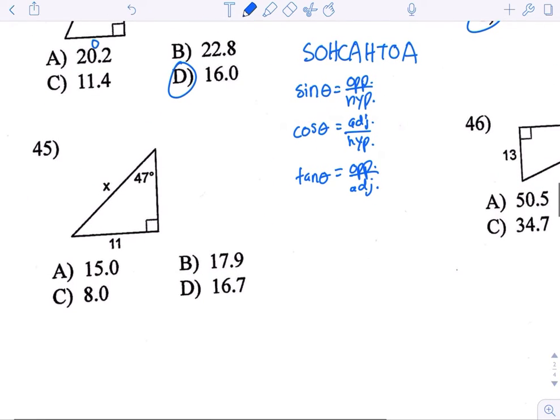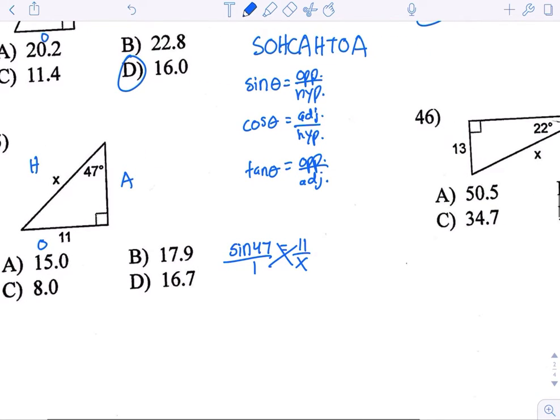Okay, 45. In the perspective of this angle, opposite, hypotenuse, and adjacent, there's information at the O and the H, so we're going to be using sine. So sine of 47 is equal to opposite over hypotenuse, so 11 over x, all over 1. Cross multiply, so x sine 47 is equal to 11.